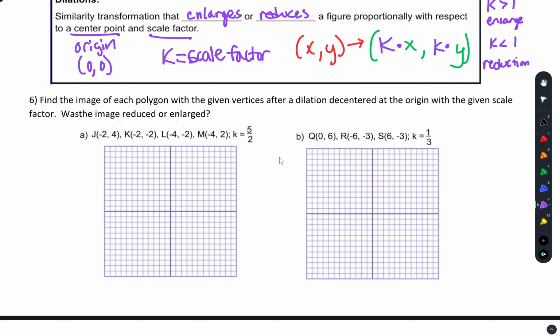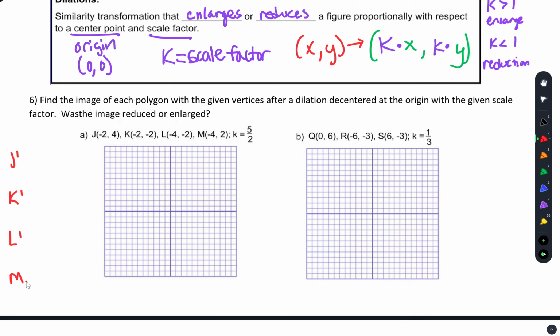So if I take a look at letter A here, I'm looking at J, K, L, M. What I would do is I would list out the points J prime, K prime, L prime, and M prime.